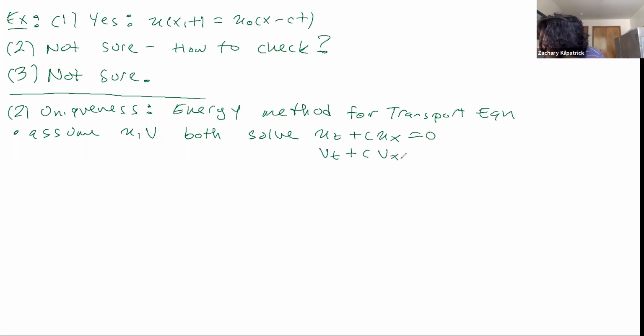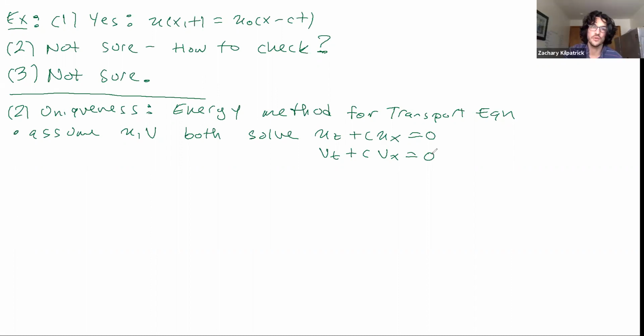Just for completeness, v solves the same equation for v. If we want to show that u and v are the same, can anybody posit a guess of something we might do in order to prove this?